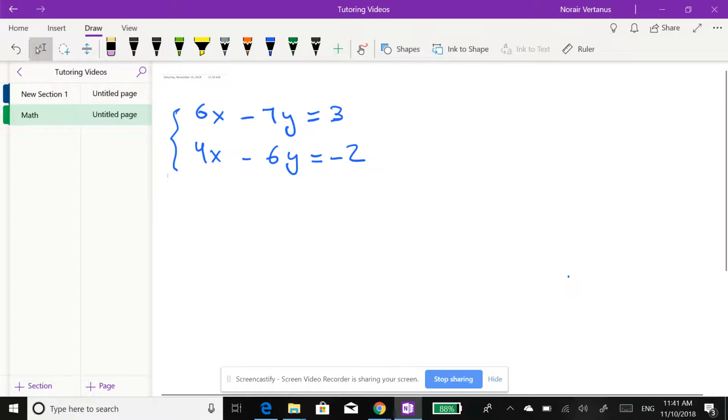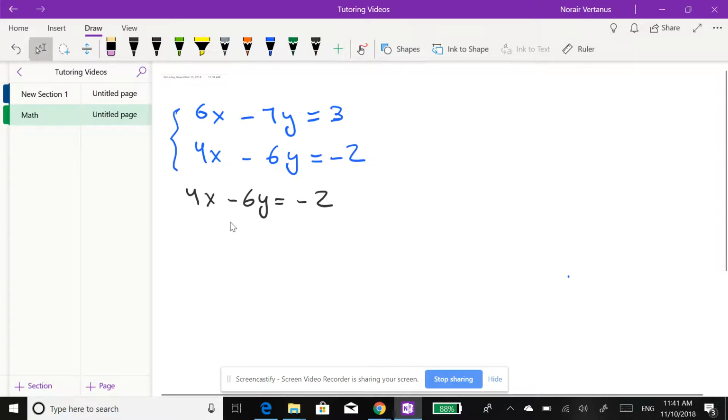So let's say I want to pick this one, 4x minus 6y equal to negative 2, and solve for a random variable. In this case, it doesn't matter. Sometimes one of them is simpler than the other, depending on the number that is multiplied by x or y. Let's say I want to solve for x.